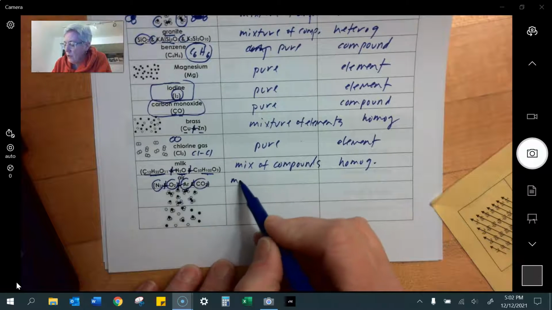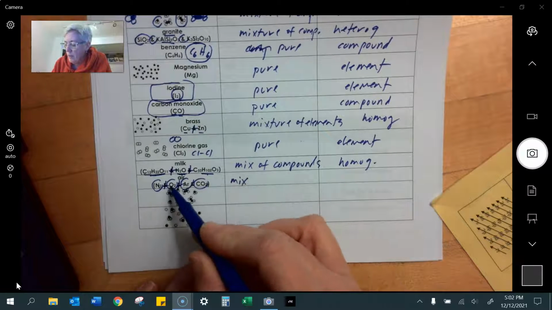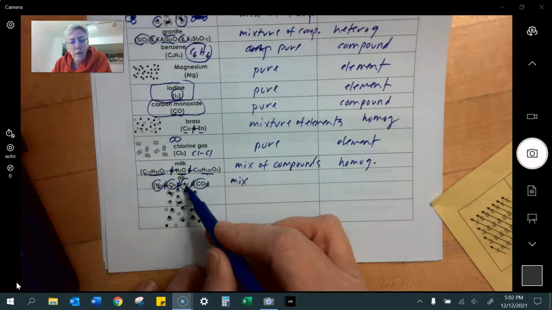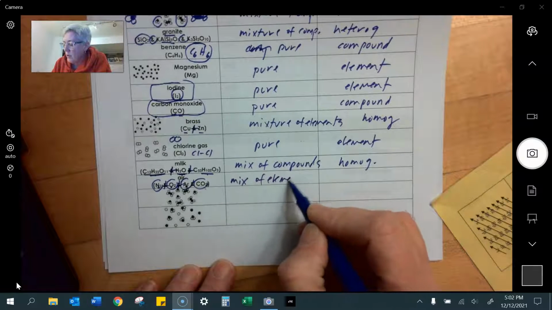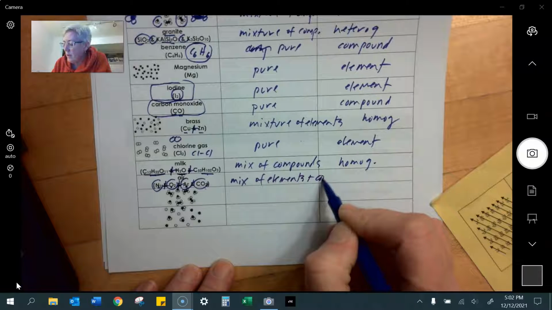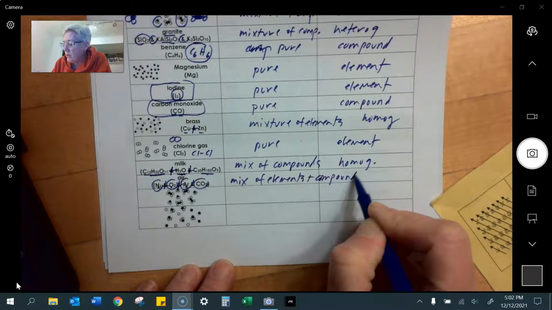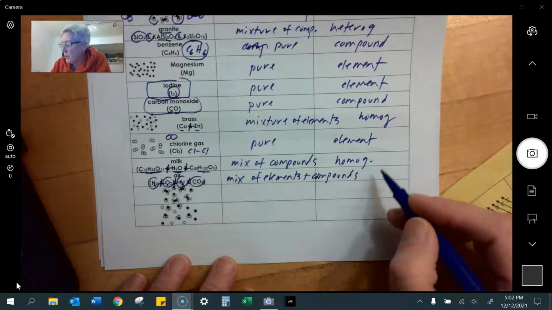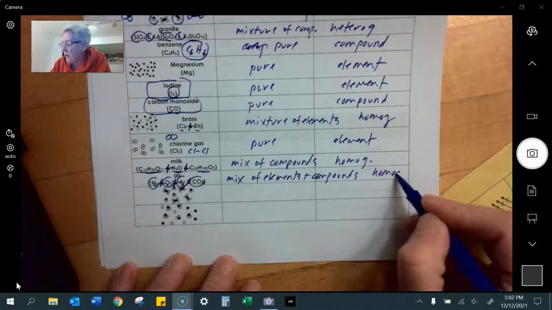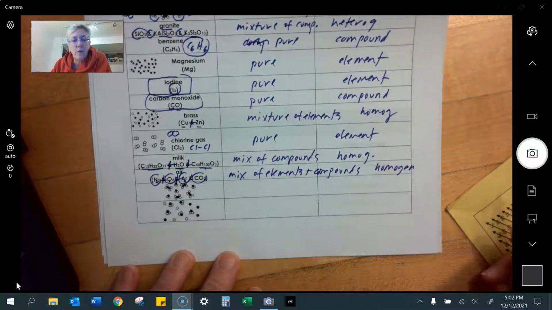So we have a mixture for sure. And we have elements. Nitrogen, oxygen, and argon are elements, and CO2 is a compound. So that is a mixture of elements and compounds. Okay, and then depending on the air quality, I'm just going to assume we don't see particles floating around in there. That's a homogeneous mixture.